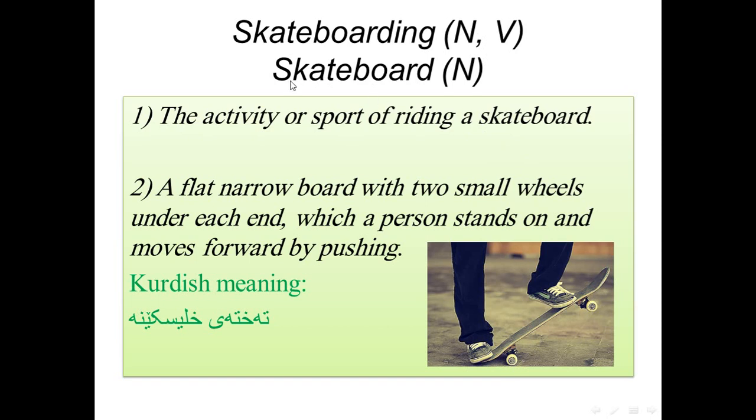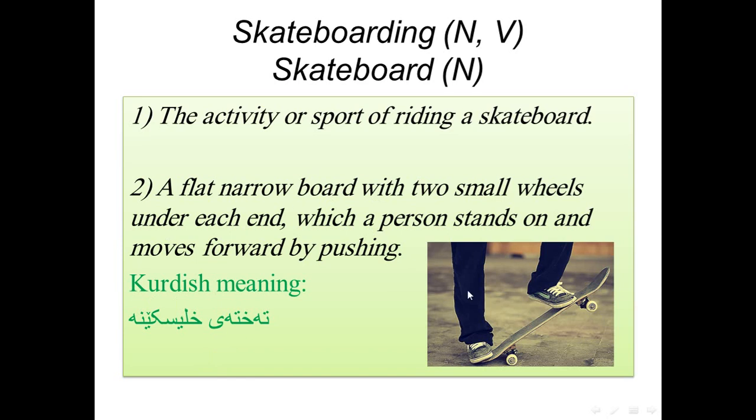The definition of a skateboard, the noun form, as I told you in the picture, is a flat, narrow board with two small wheels under each end, which a person stands on and moves forward by pushing. The Kurdish meaning of this vocabulary is تخطيخ الإسكانة.